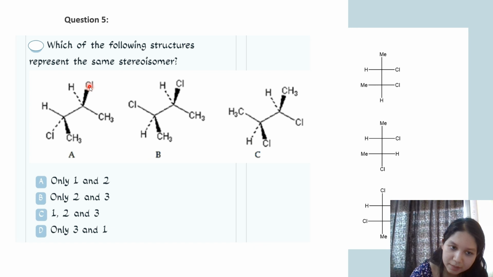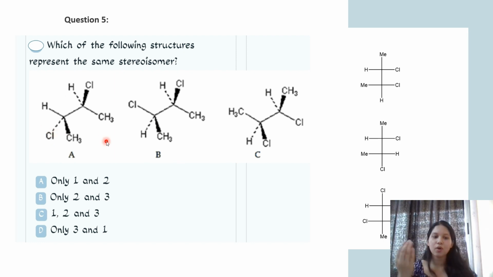This chlorine is coming parallel to this methyl, and this hydrogen is coming parallel to this chlorine. So we had earlier three planes. Now all the atoms present in each plane are parallel. We just have to lift the molecule now and convert it to Fischer projection.